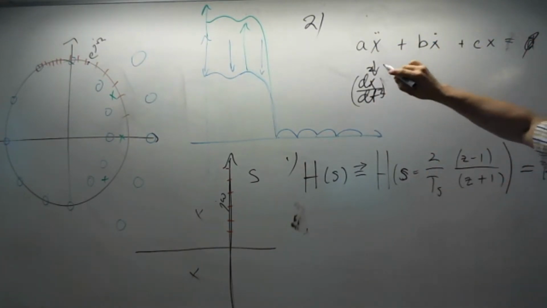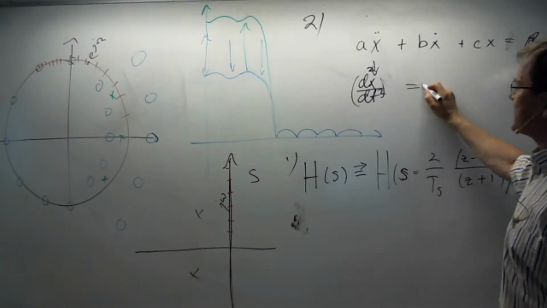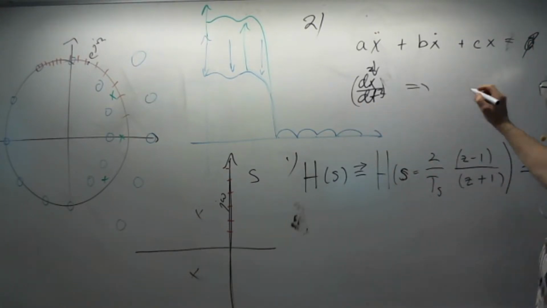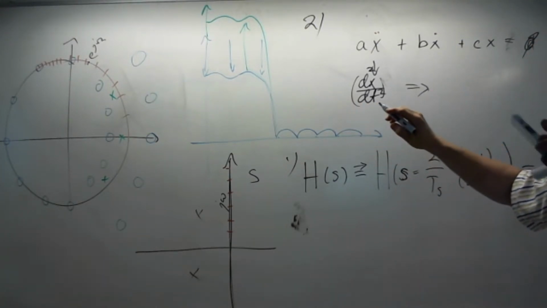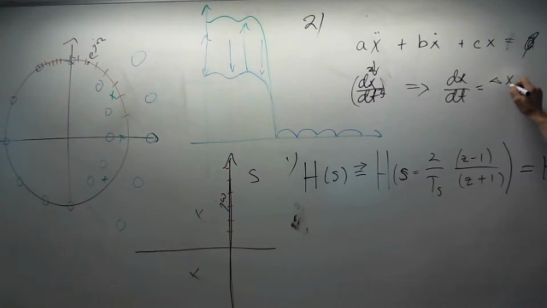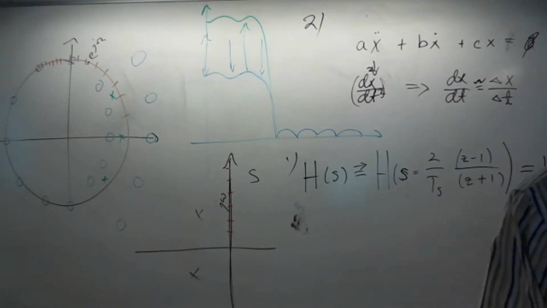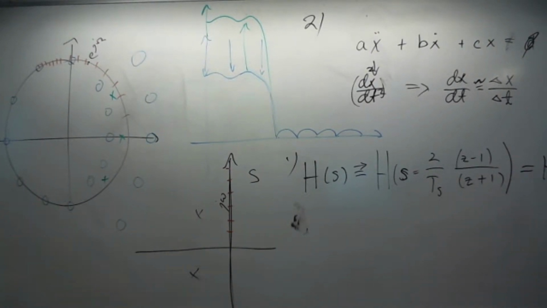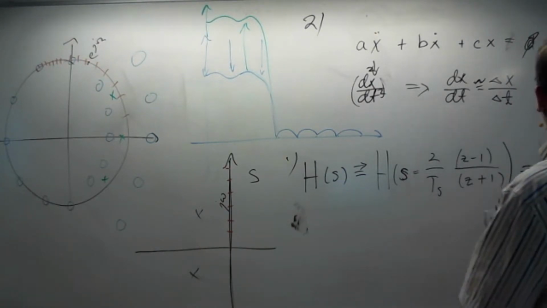But anyways, this parametric modeling is quite simple. You just replace dx over dt by delta x over delta t. So it's simple sampling without any worries about the consequences.